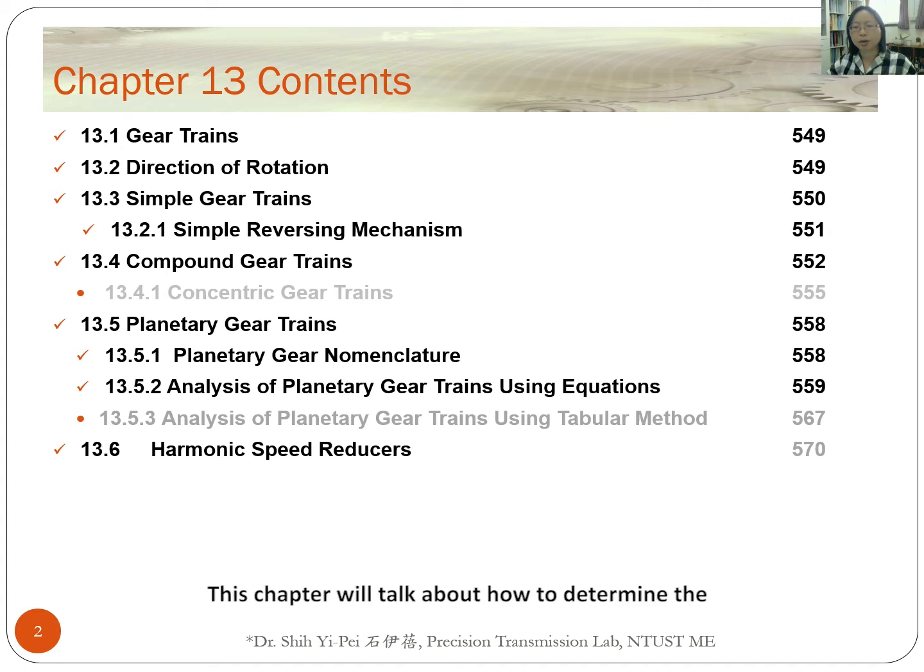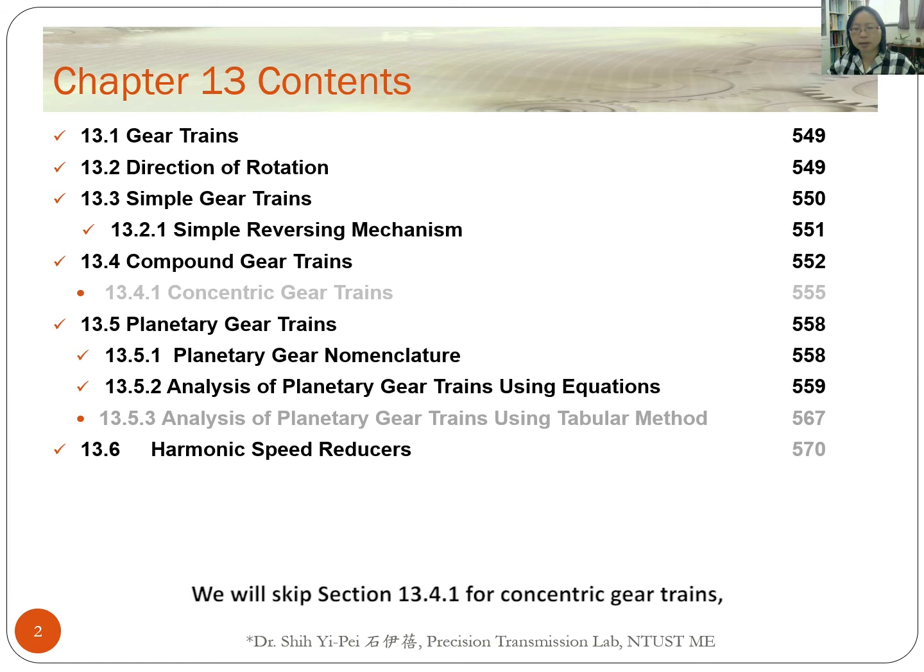This chapter will talk about how to determine the gear ratios of these three gear trains. We can determine the gear ratios of planetary trains using the equation method and the tabular method. However, we only talk about how to use the equation method to compute the gear ratios.